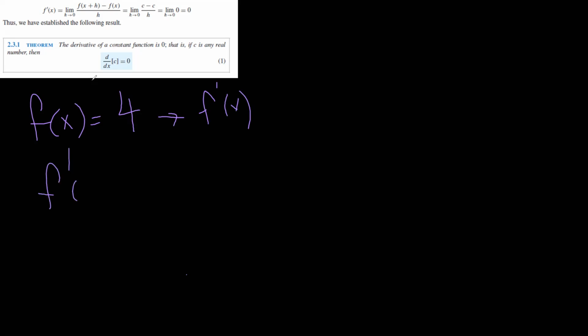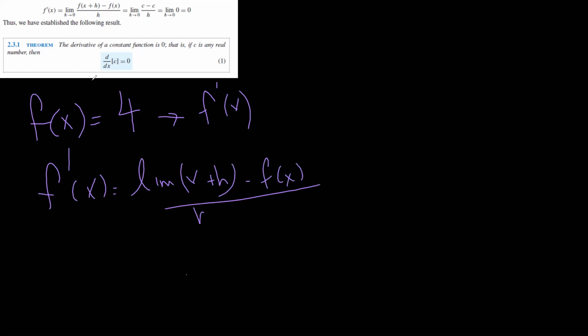Let's talk now about the first theorem. If you have f of x equal a constant, like 4 as an example, and I want you to find f prime of x, you will first do it by the limit. f prime of x is the limit of f of x plus h minus f of x over h.